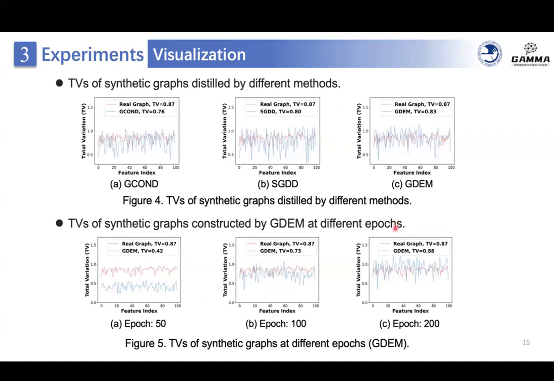And we also visualize the total variation at different training epochs of GDEM. We can see that the total variation distribution gradually approaches the raw graph, indicating continuous improvement in the distribution alignment.